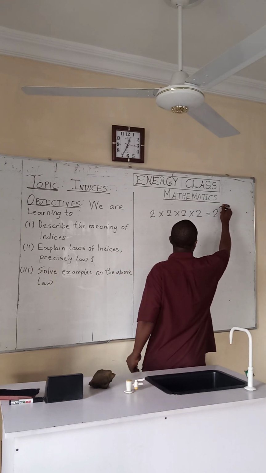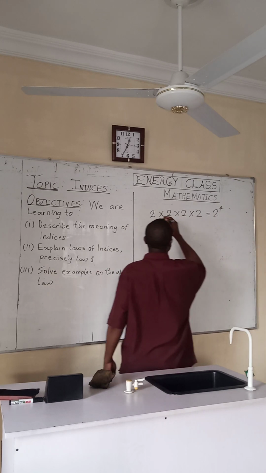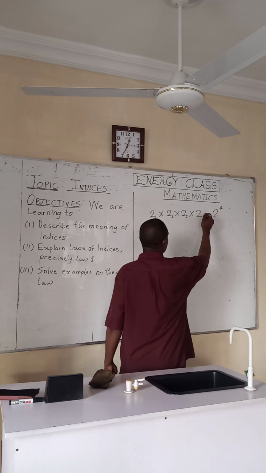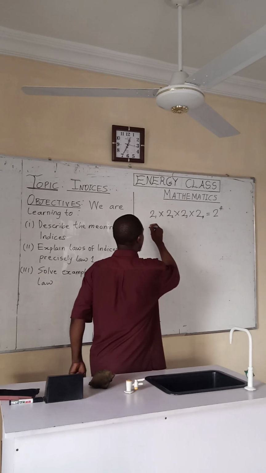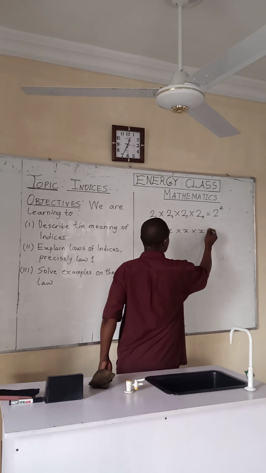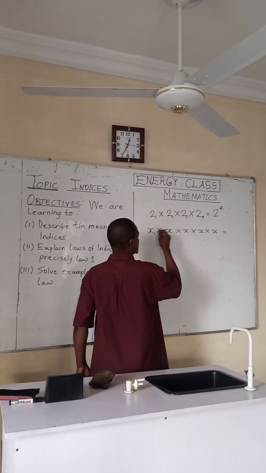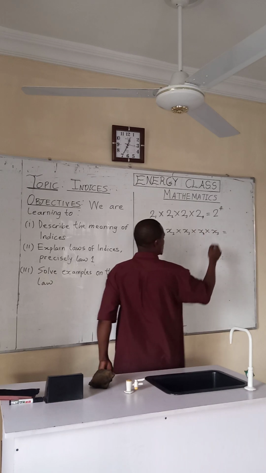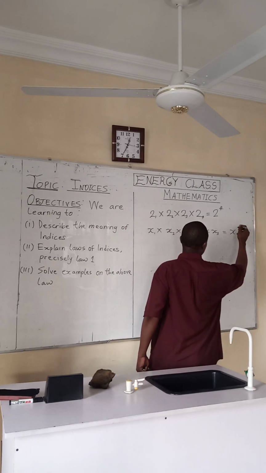It gives us 2 raised to power 4. We count the first 2, the second 2, the third 2, the fourth 2, and that is how we come about this. If we have x times x times x times x times x, let's count: the first x, the second x, the third x, the fourth x, the fifth x. It will result to x raised to power 5.